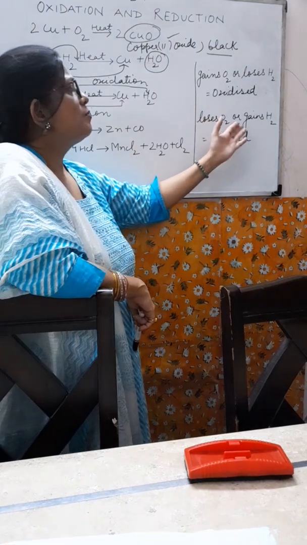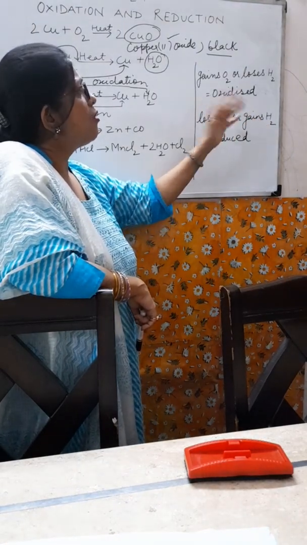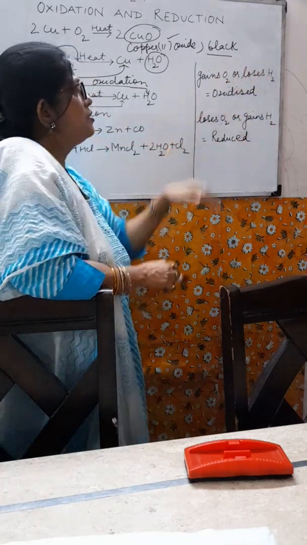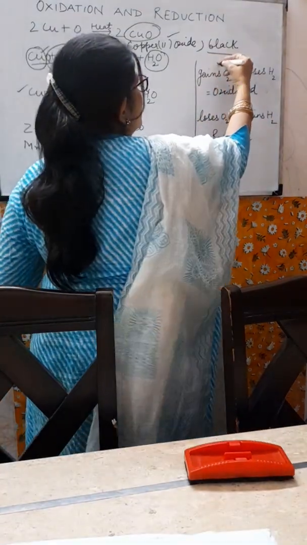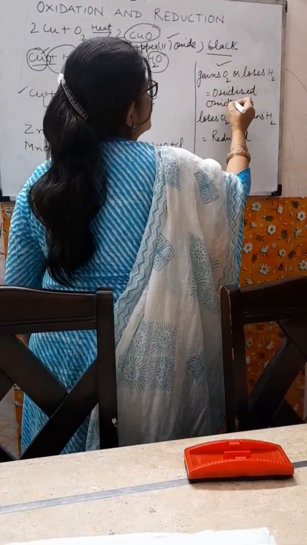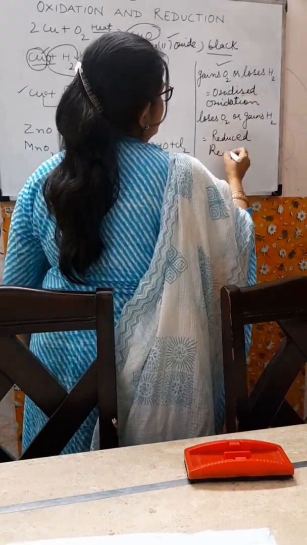Or it may also be the opposite: when a substance loses oxygen or gains hydrogen, it is reduction. So note this down in your notebooks. This is oxidation, and the substance is known as oxidized, and this is reduction.